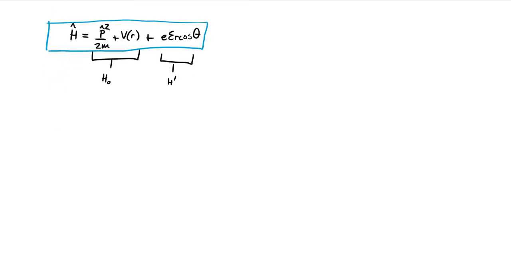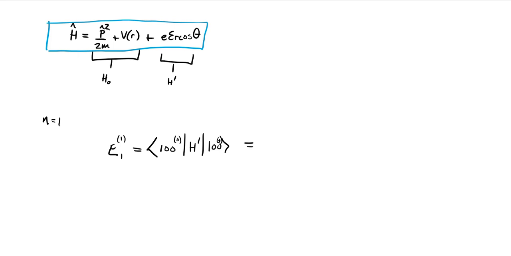If we look for the first order energy correction to the n equals 1 eigenenergy, first order perturbation theory tells us that's the diagonal matrix element of our perturbation Hamiltonian.